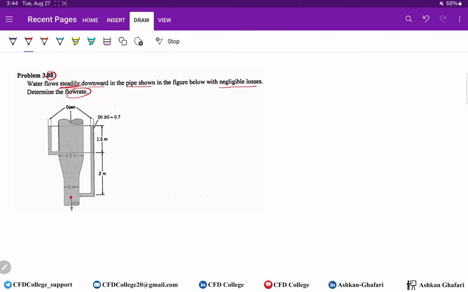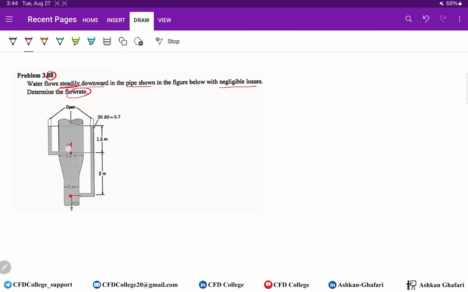One of them is here, without any doubt. It's in front of this manometer, and it's close to the exit somehow. And the other one should be here in front of this manometer. As I mentioned, when you have manometers, use them to find your key points.